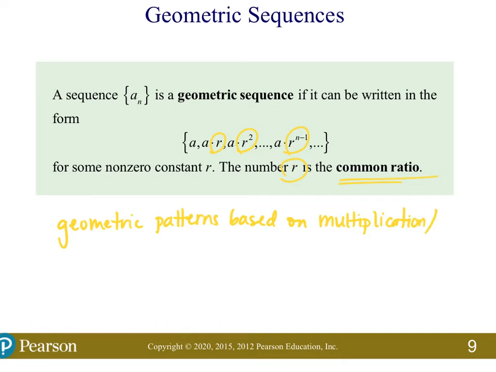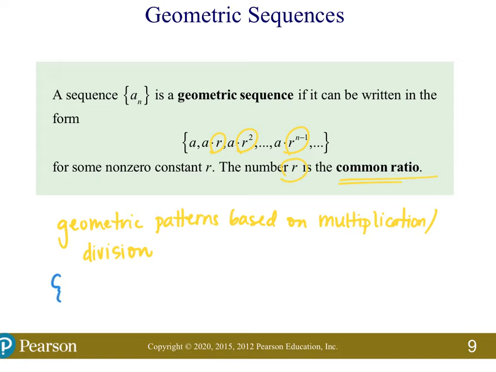Because remember, just as subtraction is defined as adding a negative, division is defined as multiplying by the reciprocal. If you train your mind to not think of it as division, but to think of it as multiplying by a reciprocal, then you have identified a geometric pattern.